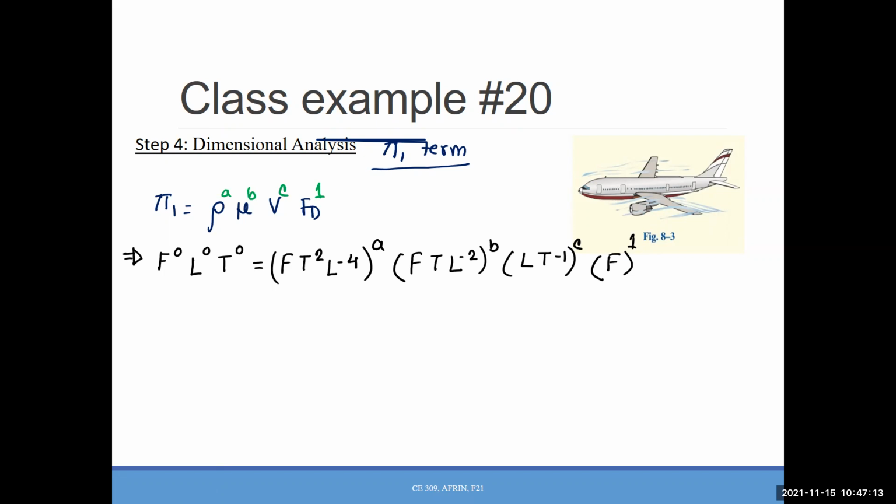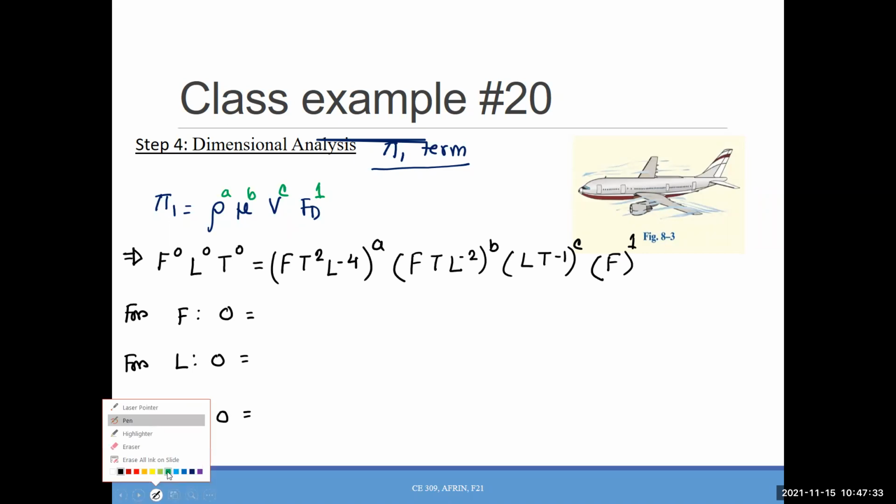Now what we will do, we will just equate on both sides for F, L, T. That's what we will do. So for F, for L, for T, 0 equals 0 equals 0 equals. Okay, so for F, tell me, we have F to the power A, right? This one, this one, this one.